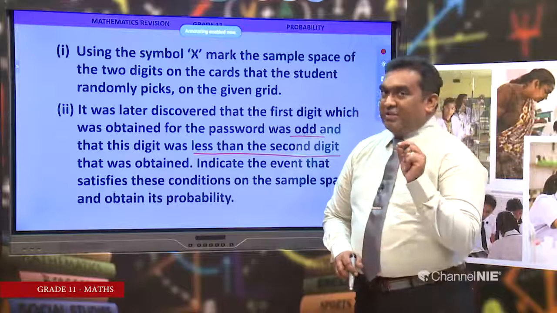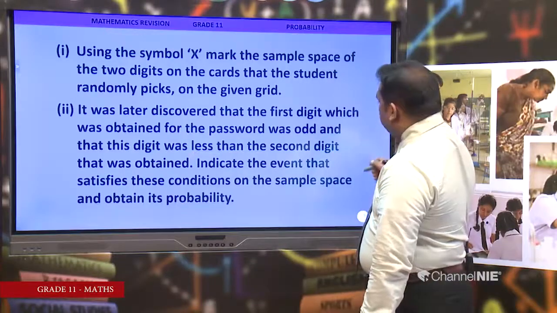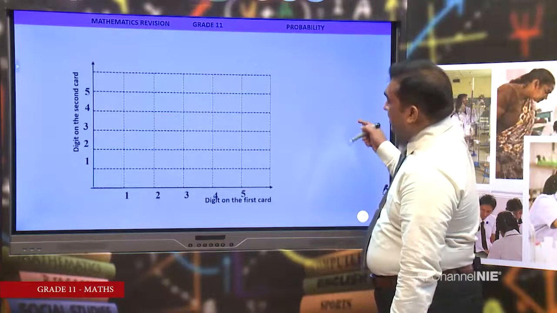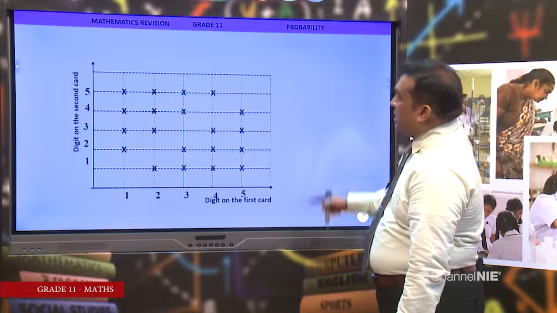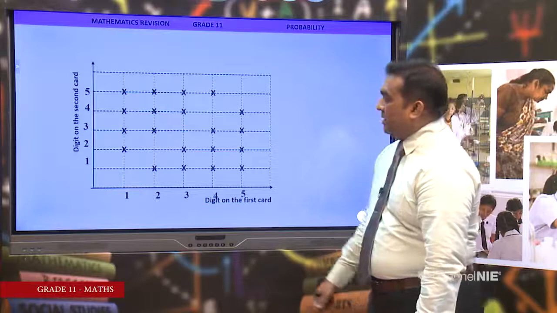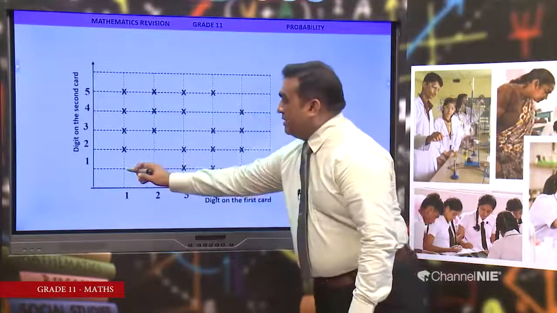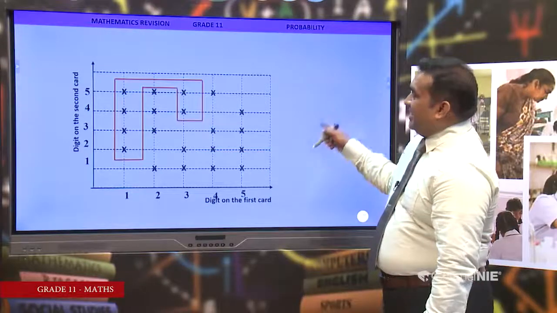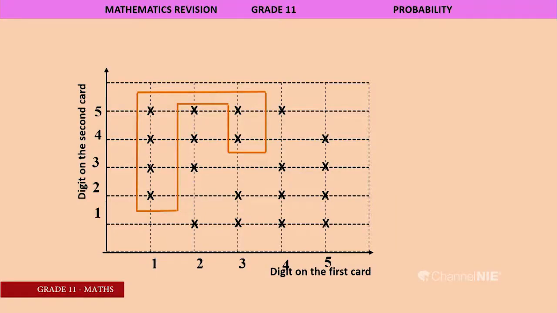Try to identify the concept. This is the grid. Now, this is the sample space. Different digits, no same digit, right? Okay, this is the event according to the given condition.